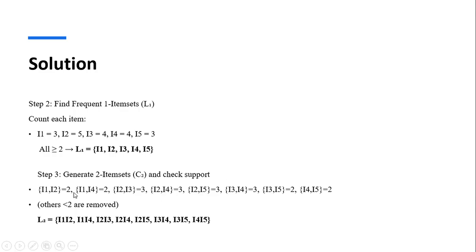Remaining all I have already removed. So you can see L2 is equal to I1 I2, I1 I4, I1 I3, I2 I3, I2 I4, I2 I5, I3 I4, I3 I5 and I4 I5, because their support count is greater than or equal to 2. So that is our second list we have generated.